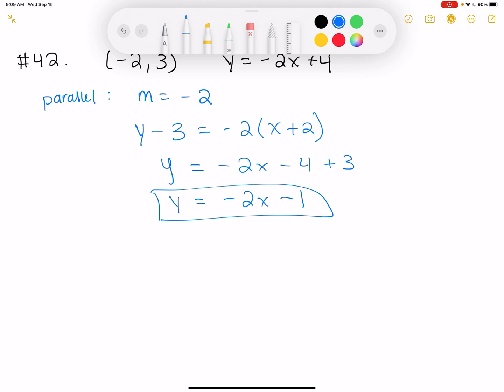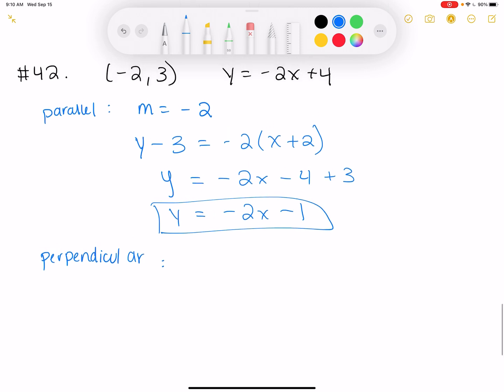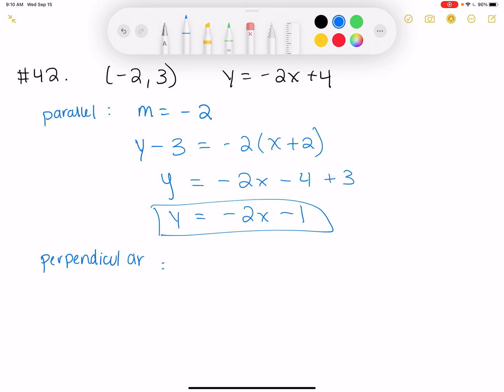Then what is true about a perpendicular slope? Opposite sign and it's flipped, right? Yep, opposite reciprocal. So m was -2, so this one's going to be positive, and you put the 2 on the bottom, so 1/2.